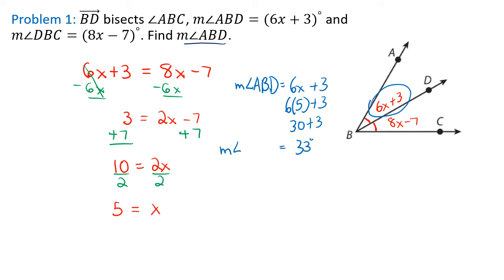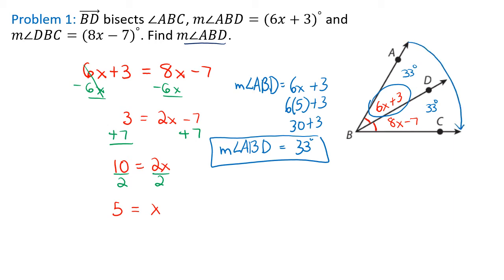And that is the measure of angle ABD. So we know this is 33 degrees, and since these two angles are congruent, we actually already know that this is also 33 degrees, for a total of angle ABC as 66 degrees.